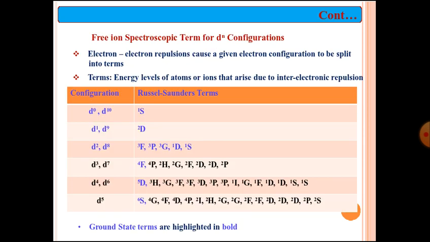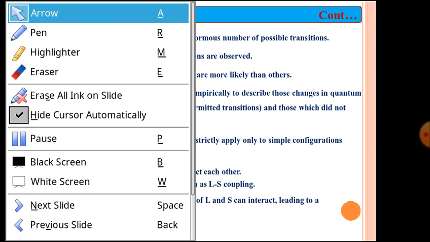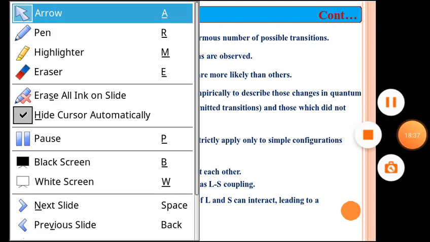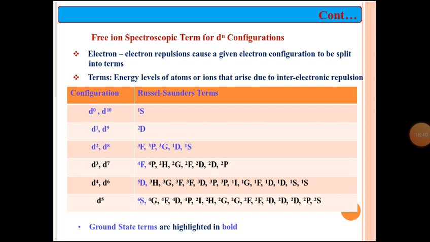Second one, free ion spectroscopic terms for d^n configurations. Electron repulsion causes a given electron configuration to split into terms, the energy levels of an atom or ion that arise due to inter-electronic repulsions.